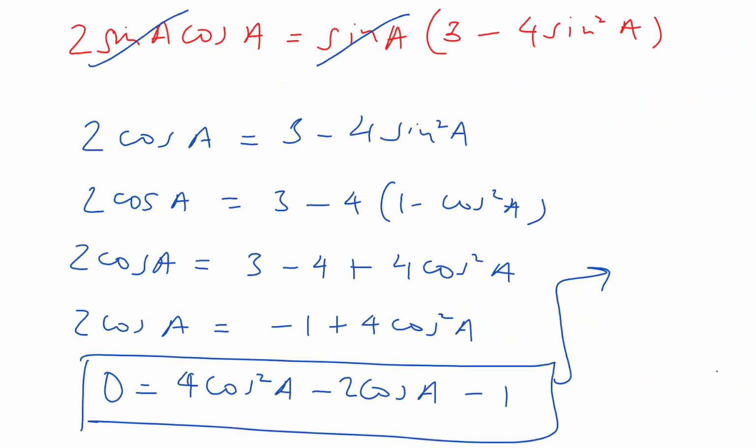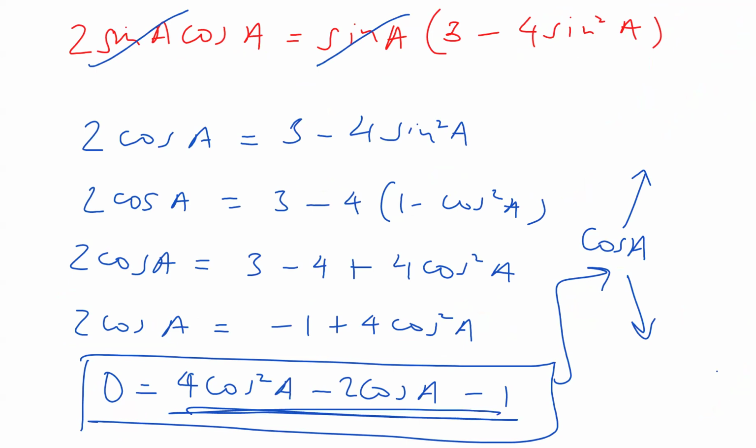Now once you solve this, cos A will give you two values. This is solved by formula method. Now I'm not putting my hands into that. So this will be root 5 plus 1 upon 4. And there will be one more value which is negative.